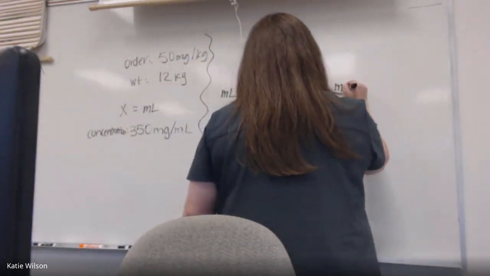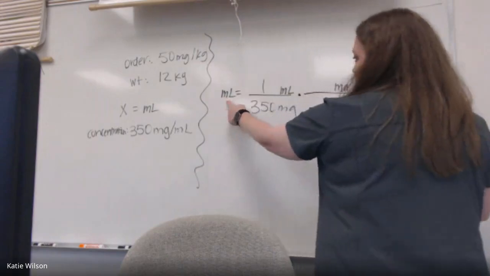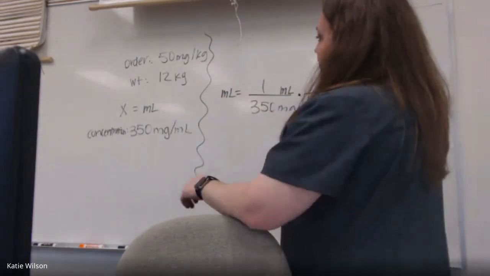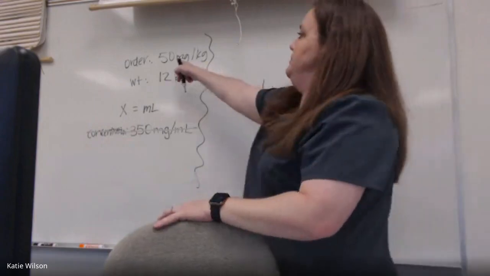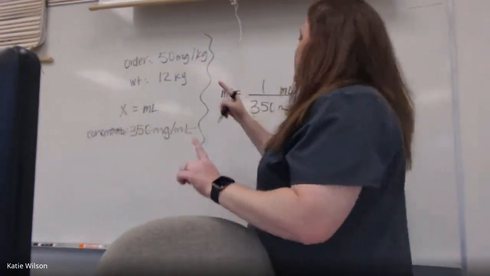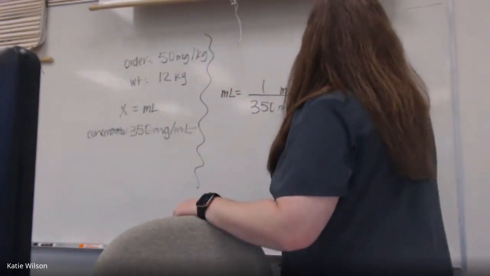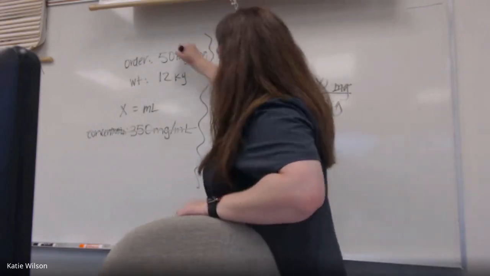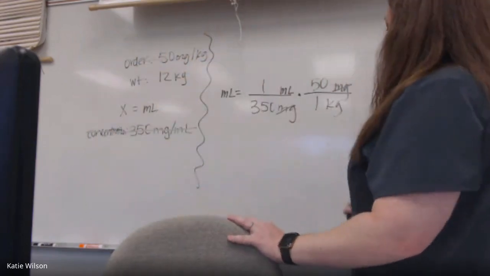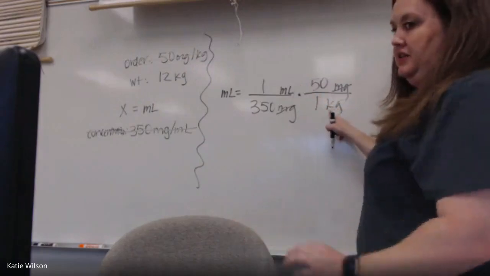I want to cancel out milligrams because I only want milliliters left. I've got 50 milligrams per 1 kilogram. So I've canceled out milligrams and I've used this information. Now I've got milliliters on top, kilograms on bottom.